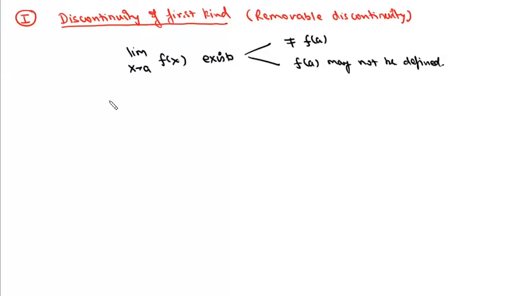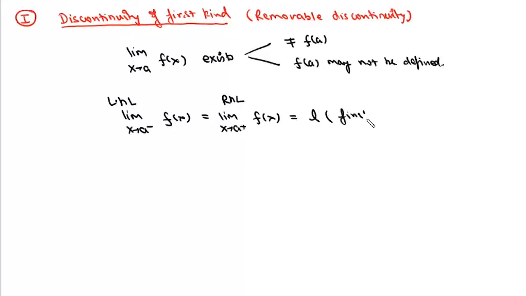So basically in this case, left hand limit x tends to a negative f(x) will be equal to its right hand limit x tends to a positive f(x) and will be equal to some finite value L, but will not be equal to f(a), or this value f(a) itself may be missing.